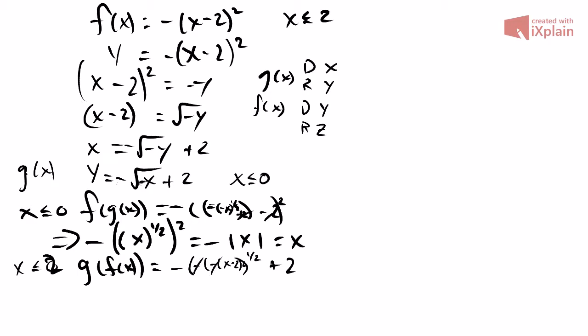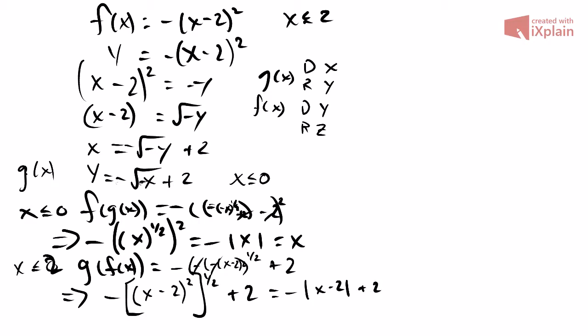These two cancel out, and I would rewrite that as negative (x minus 2 squared) to the 1/2, plus 2. These cancel each other out, which gives us negative absolute value of x minus 2, plus 2.